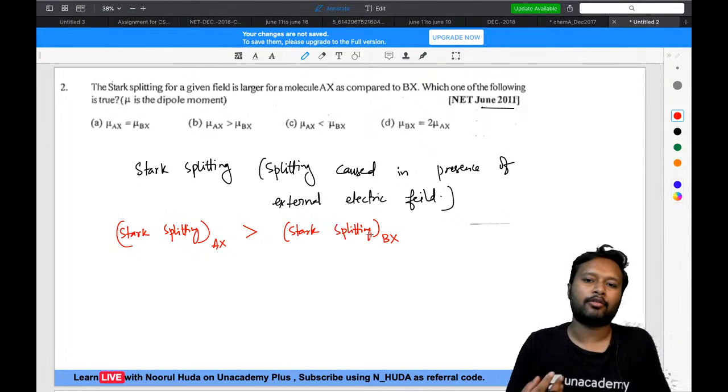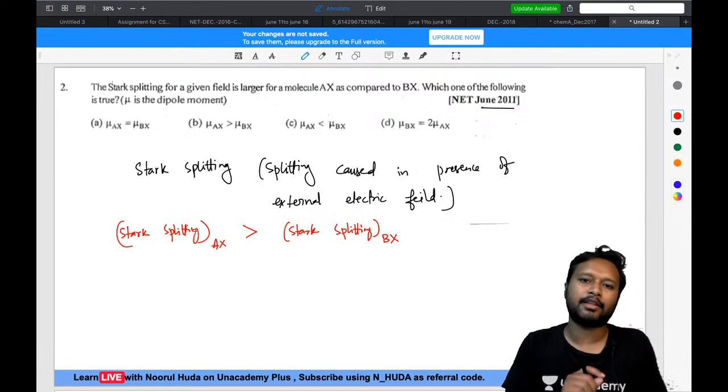Now just look at the options here. If the Stark splitting is more over here, that means there is a greater amount of magnetic moment in this case. So that's how you can approach it. Since you have more Stark splitting in this case, the magnetic moment for your AX will be greater than the magnetic moment for your BX.